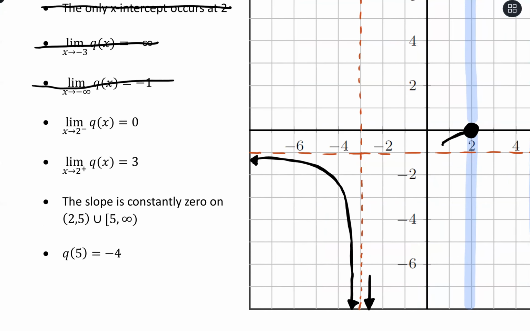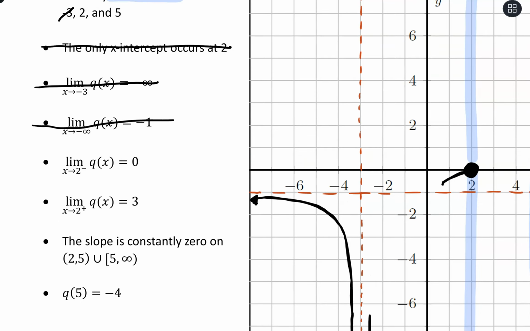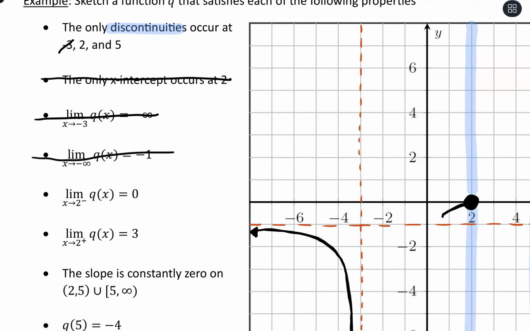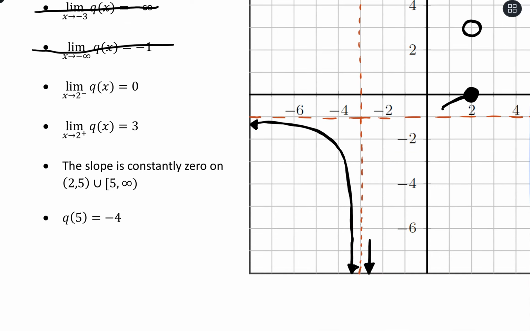And then approaching 2 from the right-hand side, our limit is 3. So what that's telling me is we're up at positive 3 for x equals 2 as well. We can't have another solid coordinate, so this should be an open circle. So there we are at positive 3, and we're going to have a jump there. So we know we have a jump discontinuity at x equals 2.